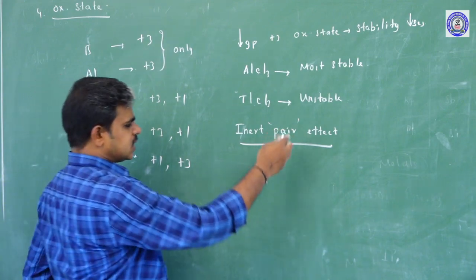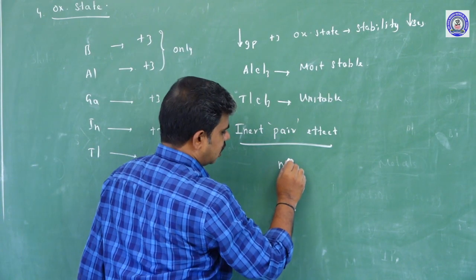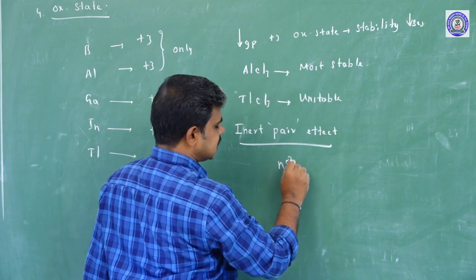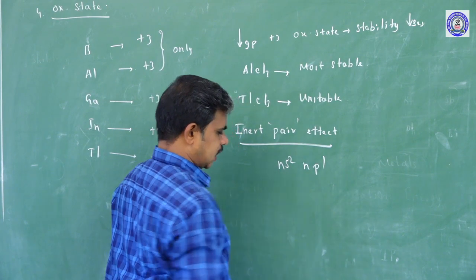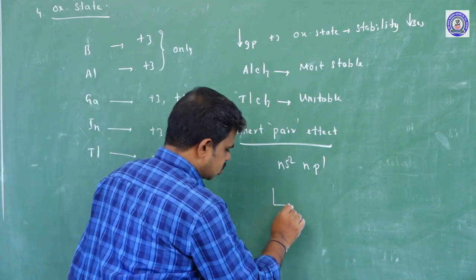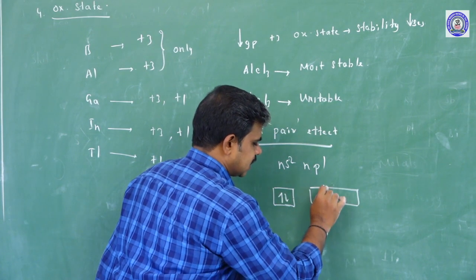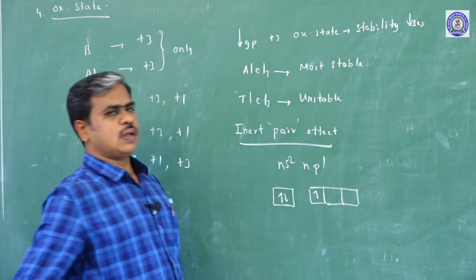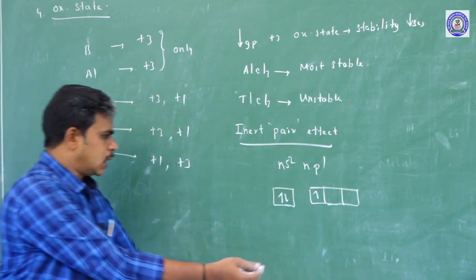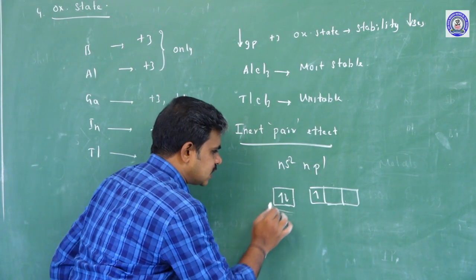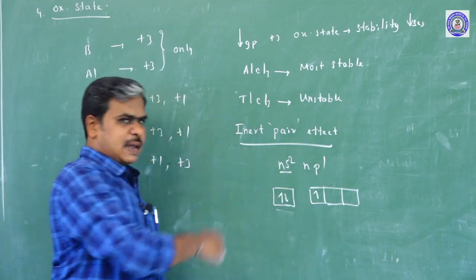The general electronic configuration of the 13th group is ns2 np1. The p orbital has only 1 electron, so the pair is the ns electrons.